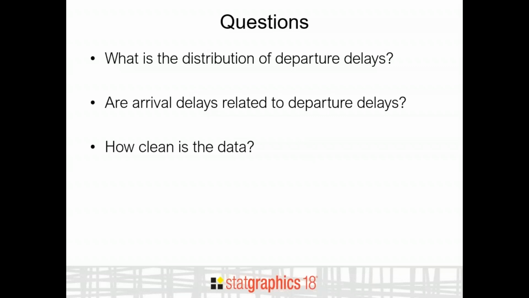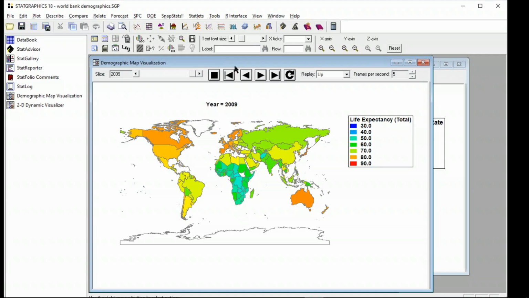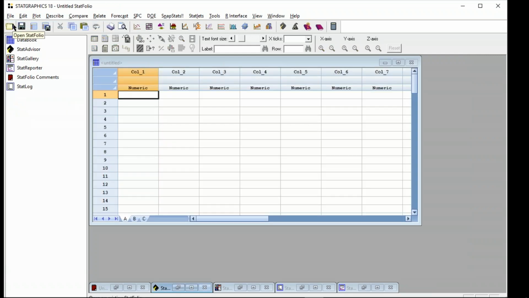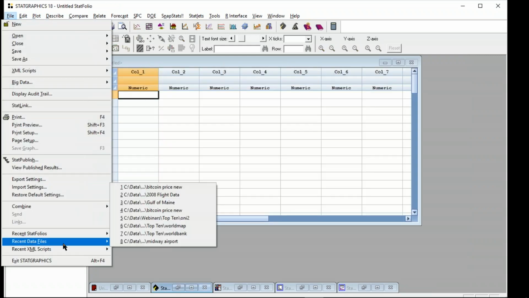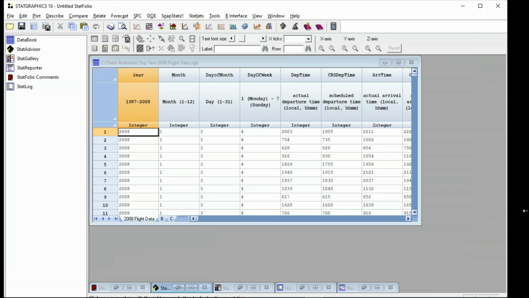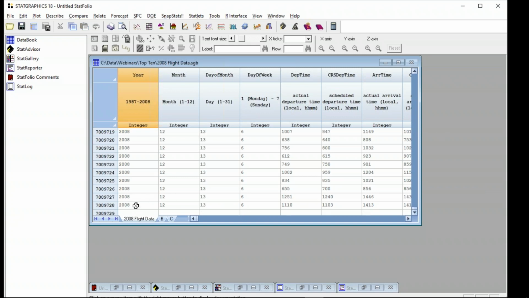Well, I wanted to go over now back to Statgraphics and actually load up this particular data set for you. I have a data file. It's called 2008 flight data. There it is. It has, as I said, slightly more than 7 million rows.